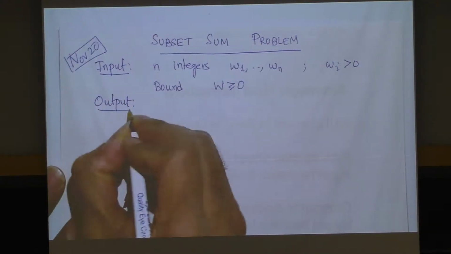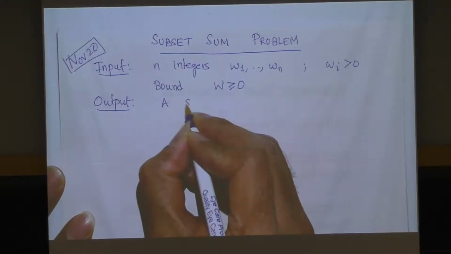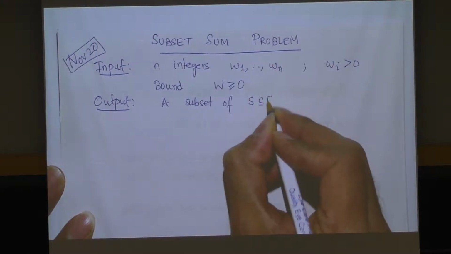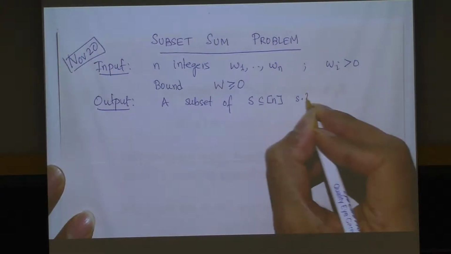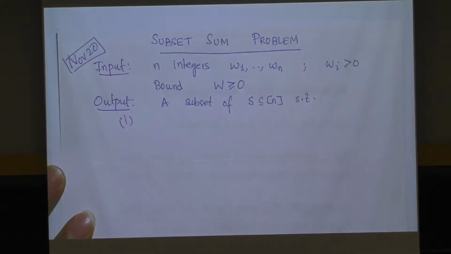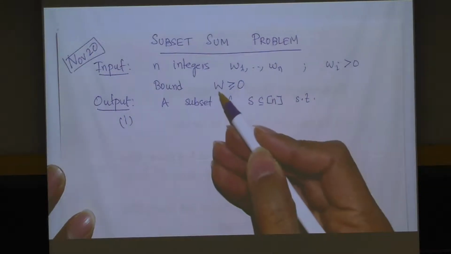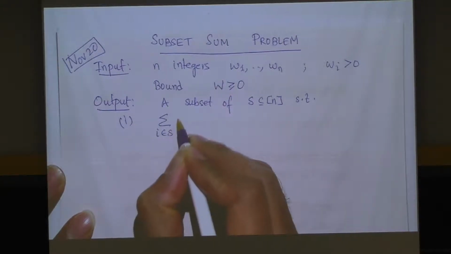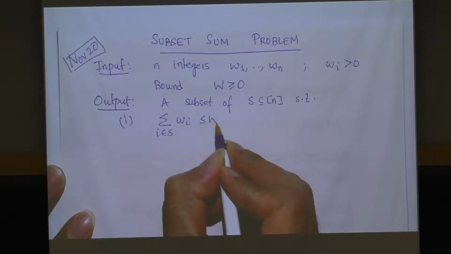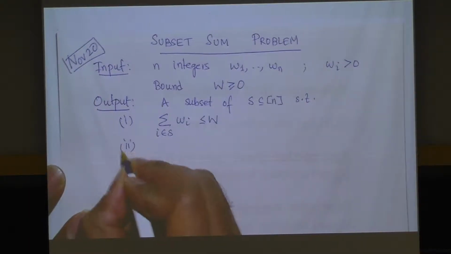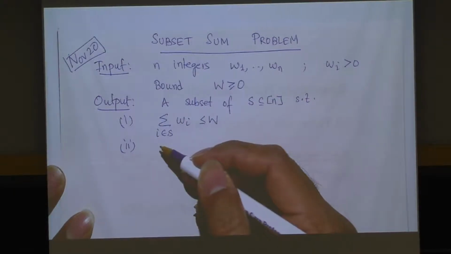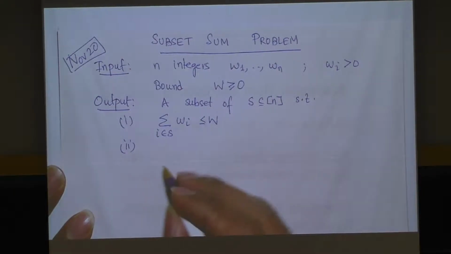And what you want to output is a subset of these numbers which satisfy 2 properties. The first one is you want the sum of the numbers that you pick to be upper bounded by this bound W. So you want the summation over i in S of Wi to be less than or equal to capital W. And the second one is you want to maximize this total weight that you get, assuming it satisfies this bound.